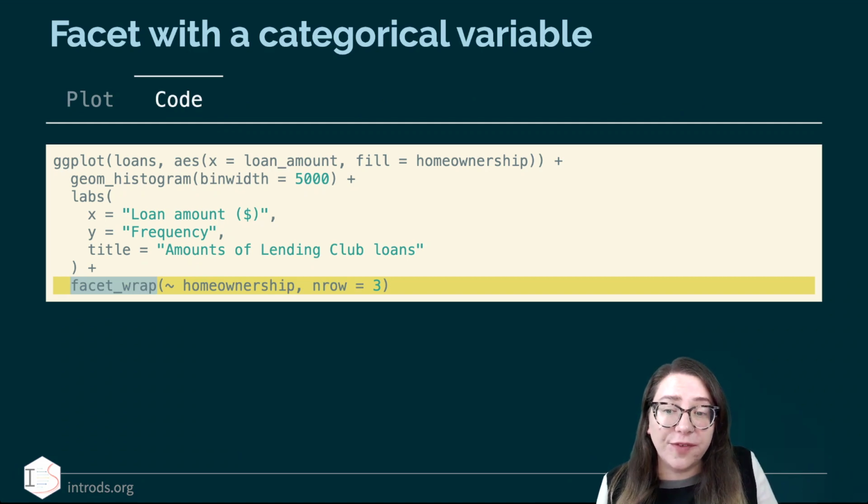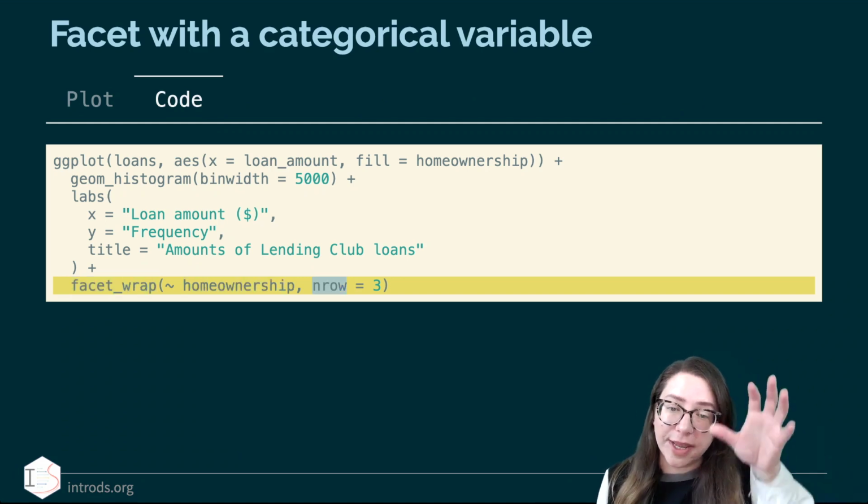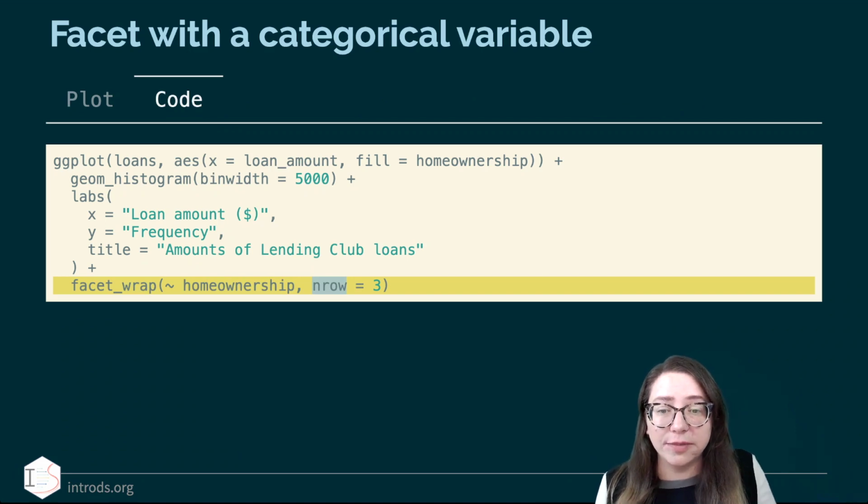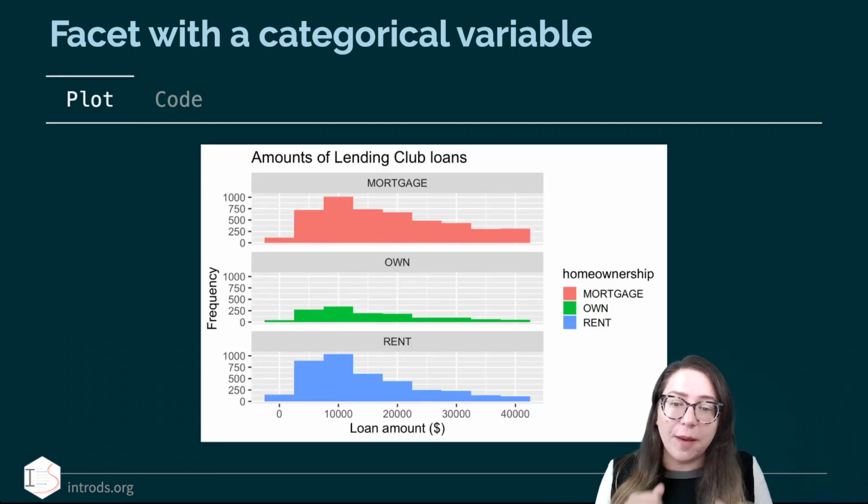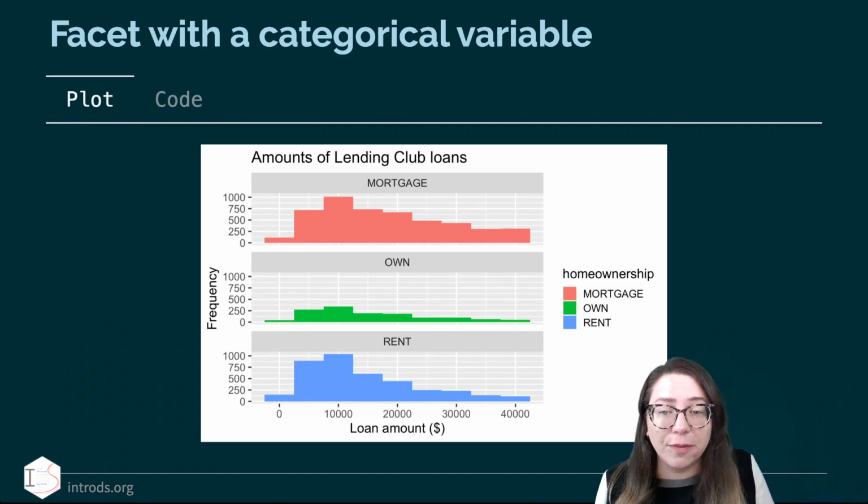So I want to facet wrap by the home ownership variable, and I want the data to be represented in 3 rows. The reason why I use 3 rows is so that they could be on top of each other so that I can have a shared x-axis, which I think makes it easier to see what's happening with each one of these. They each have the same y-axis scale.